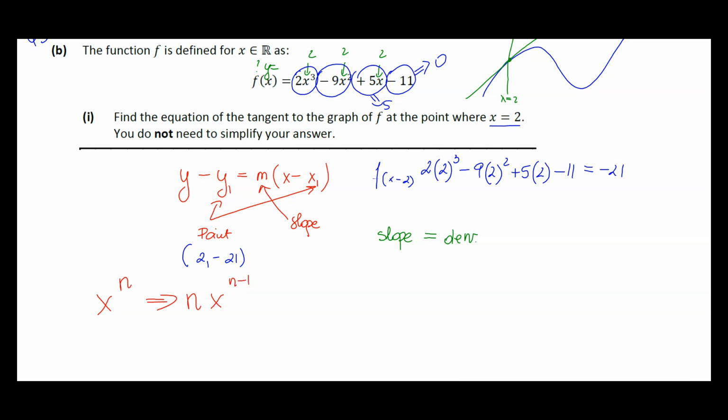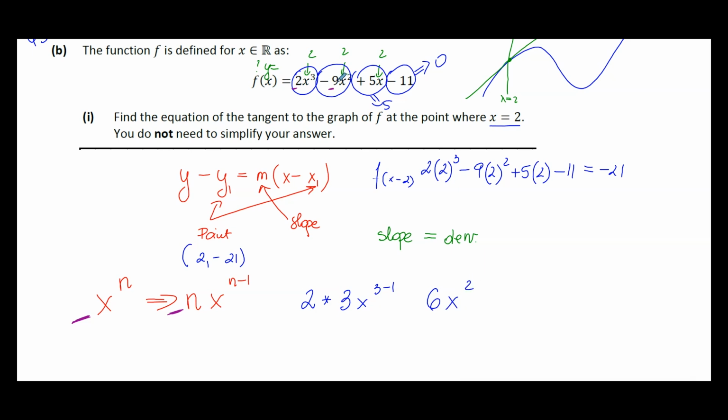What happens with the number? Like in this case 2 or minus 9. Well, if I have a number here, it crosses over to the other side without a change. So applying that here, that 2 will cross over, then followed by the power, which is 3, then followed by x, and then that power minus 1. So that means 2 multiplied by 3, that is 6, x to the power of 2.